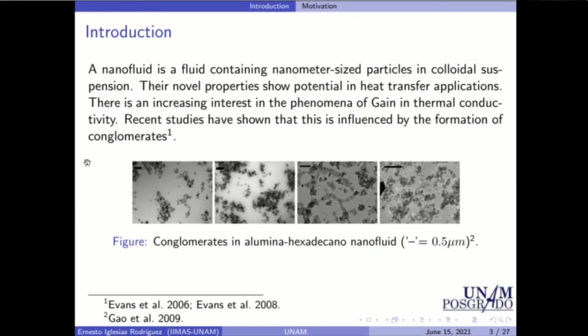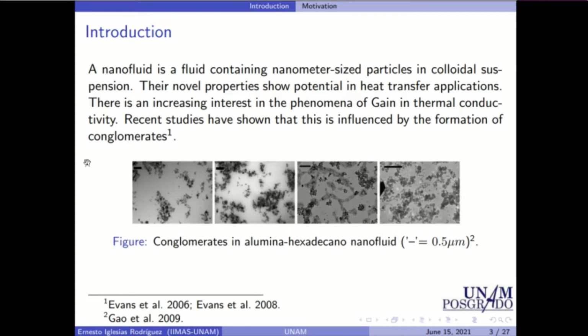A nanofluid, as the name implies, is a fluid containing nanometer-sized particles, and they are very new and have a lot of applications, in particular for heat transfer.